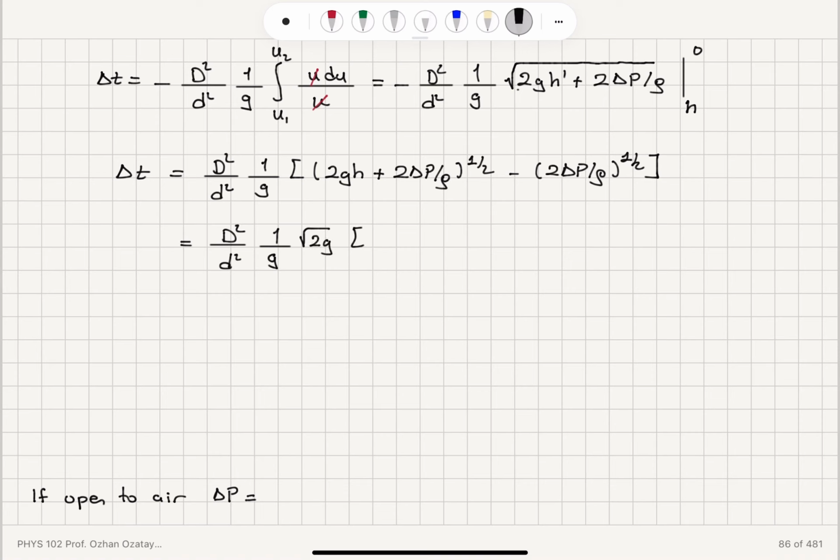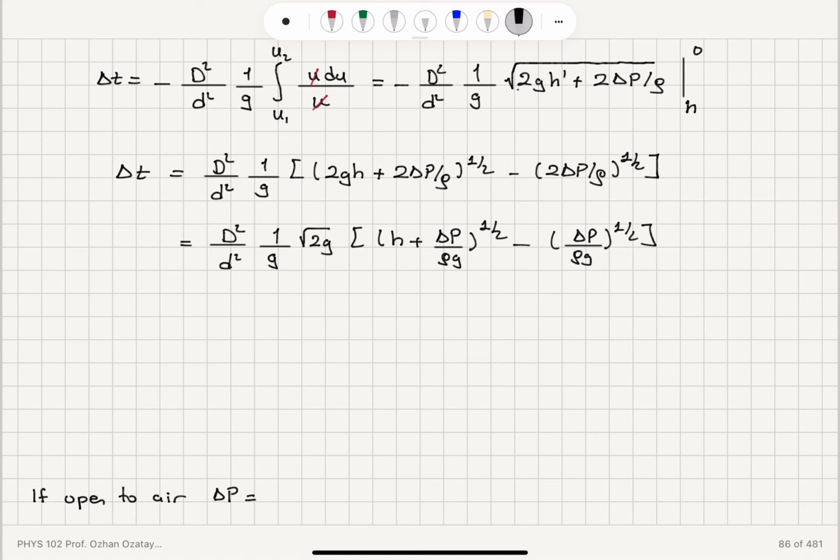Now you can see that here I will be left with (h plus delta p over rho g) to the power 1/2 minus (delta p over rho g) to the power 1/2. So this 2g comes out as square root 2g. You divide it by 2g here, the 2 goes away, you obtain a g, and likewise here. So now I'm left with this square root 2g over g.